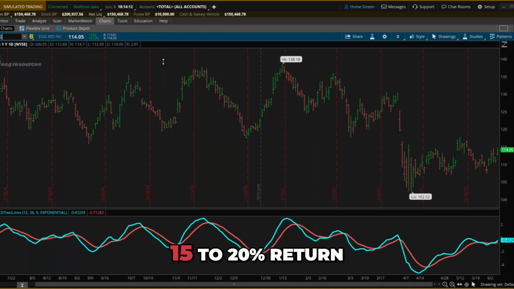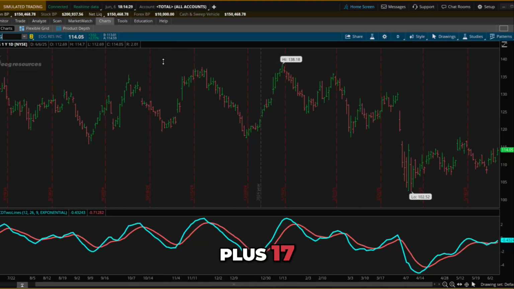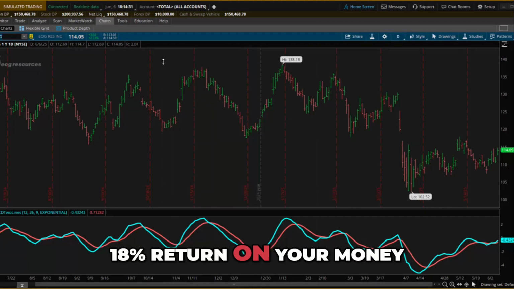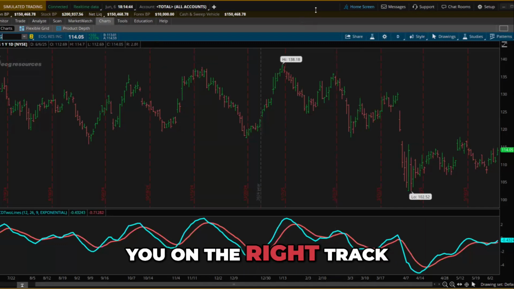So anyway, 15 to 20% return on all your money invested. So if you had $500,000 invested in the USO, then you would now have, let's see, plus 17, 18% return on your money, whatever that is. It's substantial. So anyway, just trying to keep you on the right track.